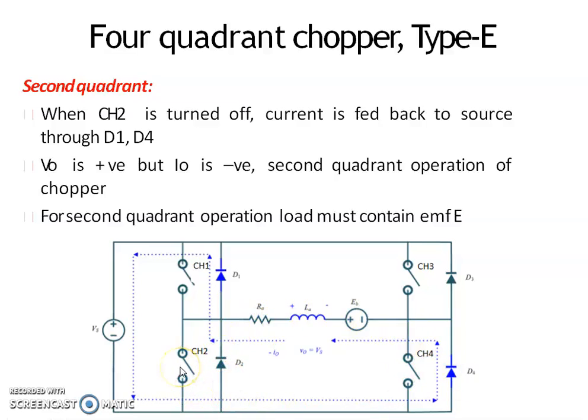When CH2 is in off condition, the load voltage is equal to E plus L di/dt, which is greater than the source voltage. Therefore the diode D1 will become forward biased, and the energy will be fed back to the source through the diodes D4 and D1.